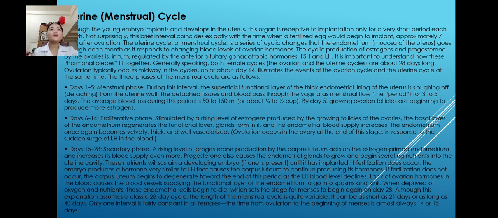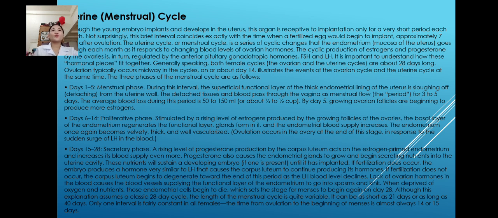The endometrium once again becomes velvety, thick, and well vascularized. Ovulation occurs in the ovary at the end of this stage in response to the sudden surge of LH in the blood.